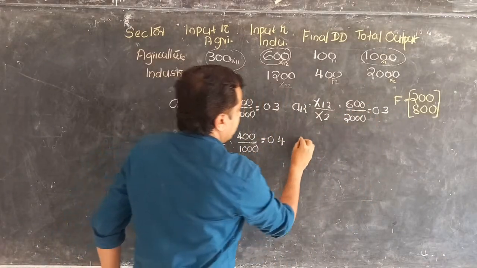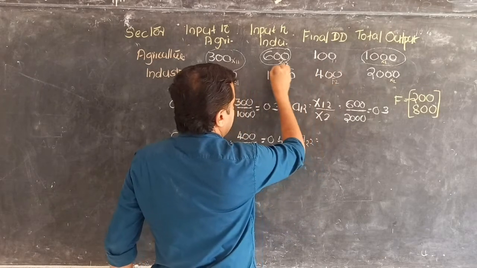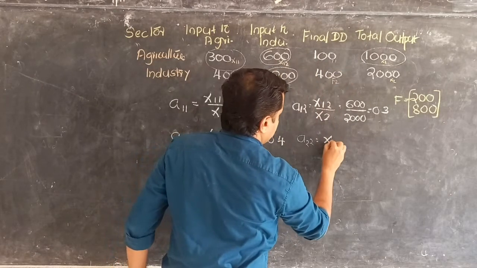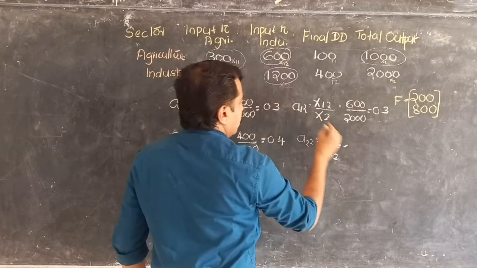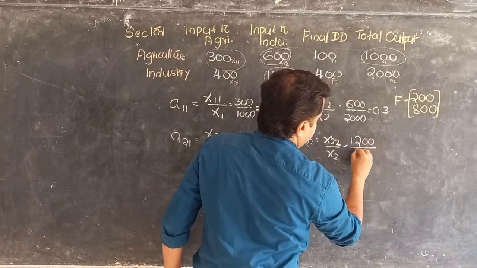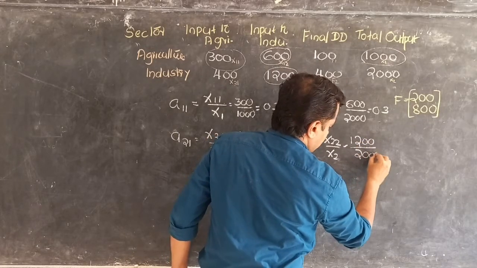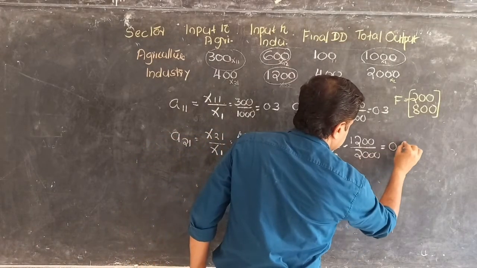Now A22 will be x22 divided by x2, which is 1200 divided by 2000, equal to 0.6.